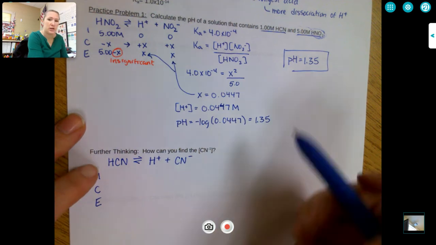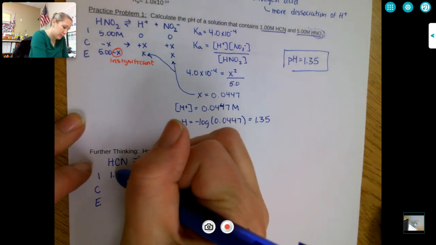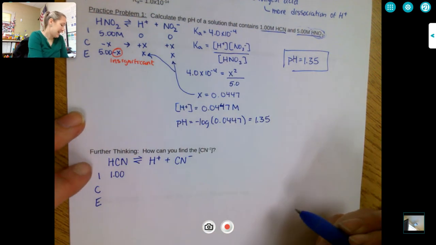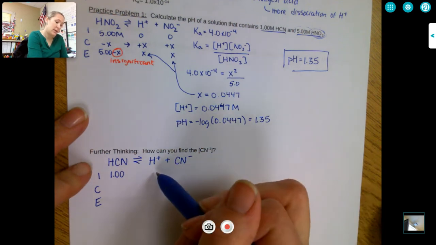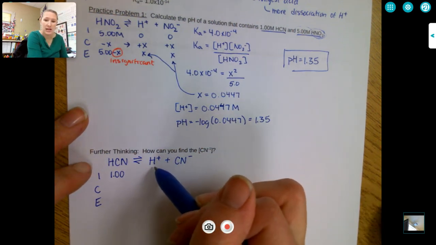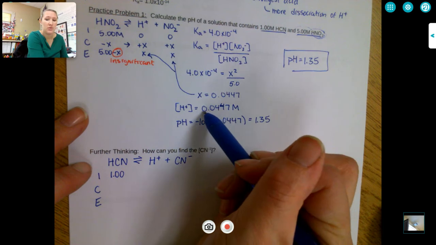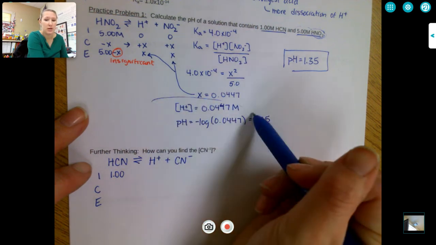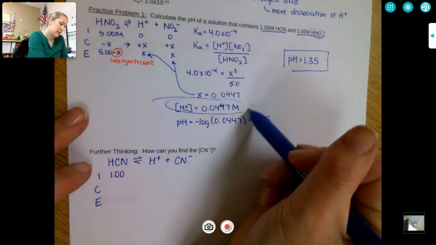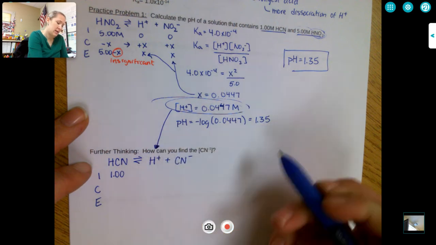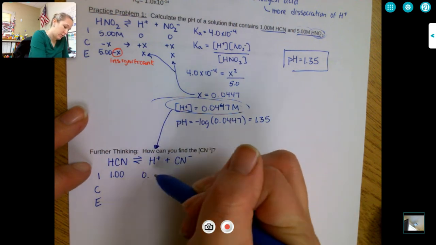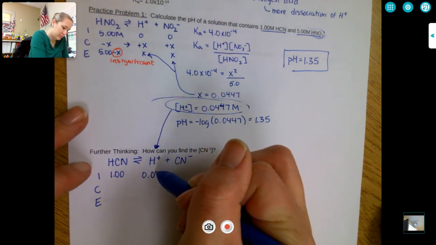We are saying that we are starting with a 1 molar solution. And we know that there's a common ion of hydrogen ions in our solution that we've just calculated up here. So this is our common ion, and this is what we start with for our hydrogen ion concentration.